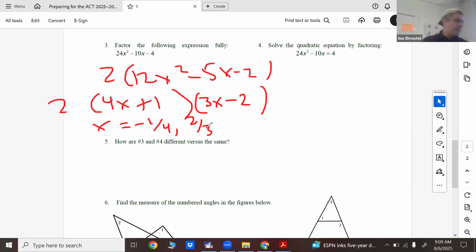Then 1/4 and 2/3. So she forgot the 3. So just be careful about that.